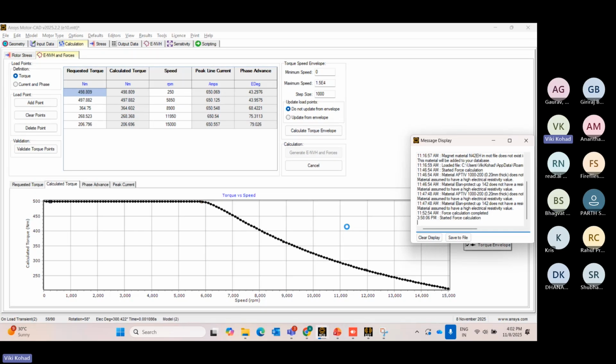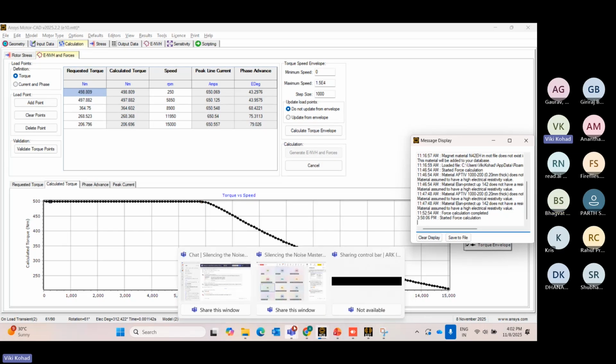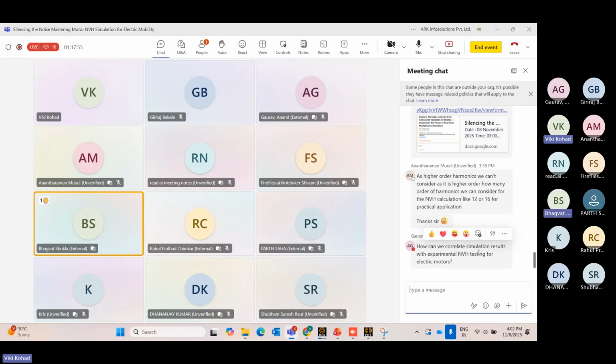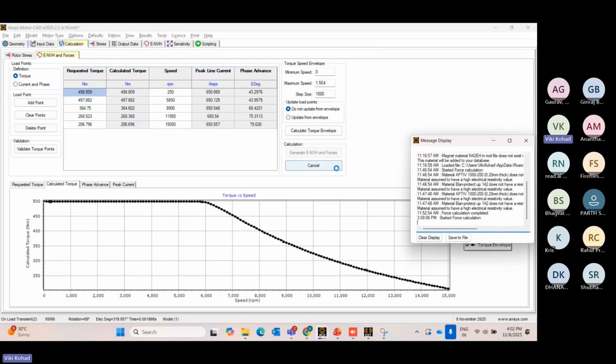Okay, sir. Thank you. One question is there: how do you correlate the simulation results? It means you require the experimental results. After performing the simulations, if you make any optimized designs, then you can do the experimental simulations, and after that you can compare the experimental values and the simulation results.